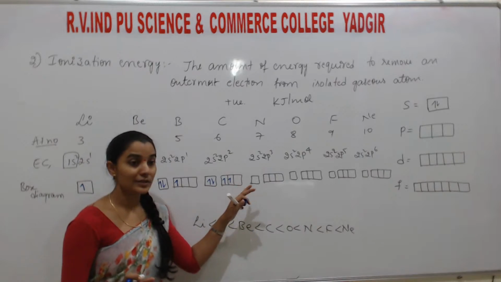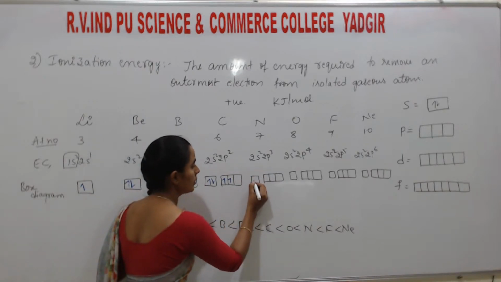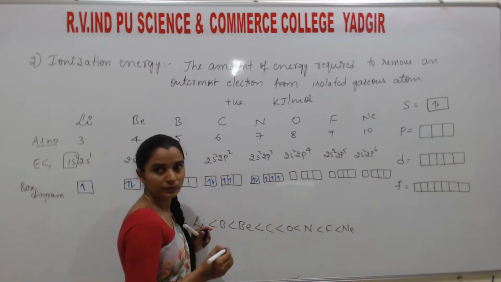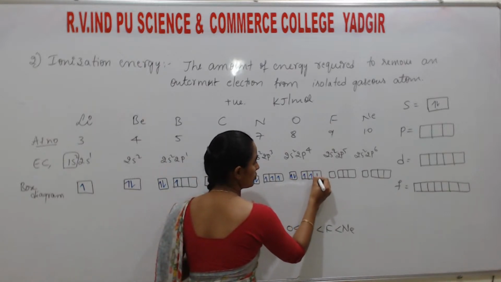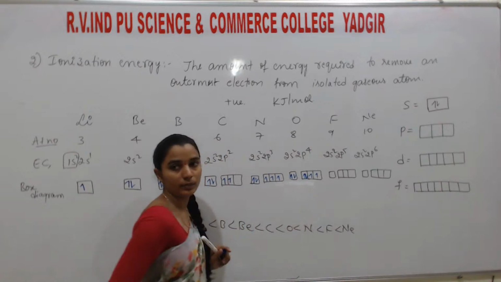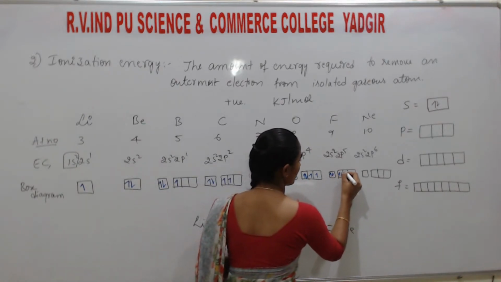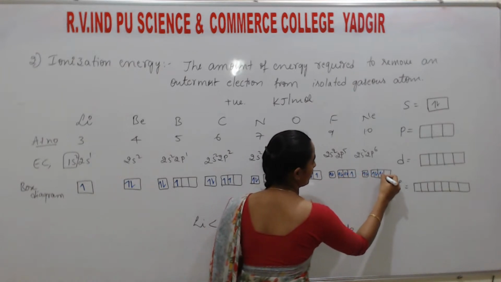If all the orbitals are singly filled, then only pairing up takes place. So here it is 1, 2, 3. Next, here 2 electrons, 1, 2, 3. Again pairing up. Next here 2 electrons. And here all are paired up.